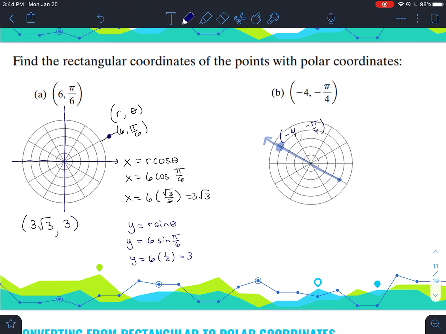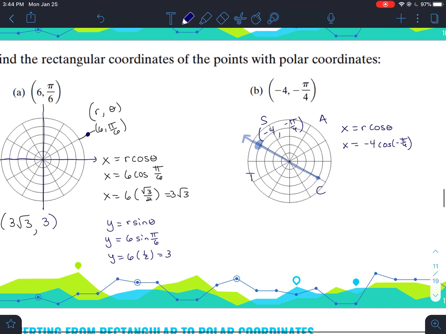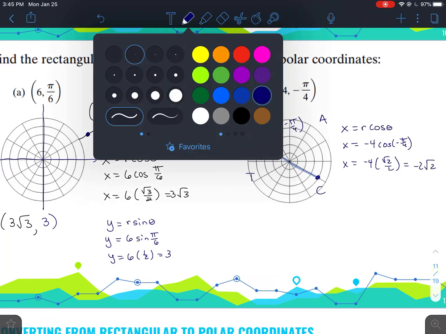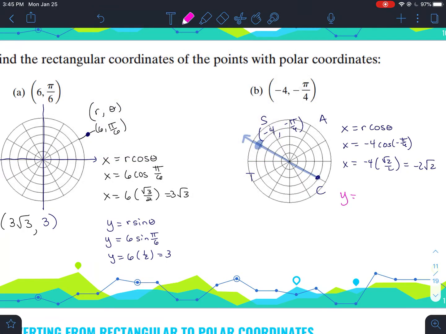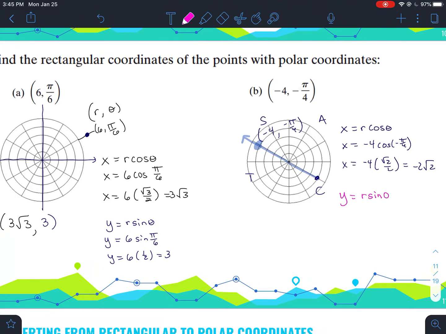To convert that into rectangular coordinates, you would take x equals r times the cosine of theta. So x is going to equal negative 4 times the cosine of negative pi over 4. At negative pi over 4, which is down here, cosine is positive, and cosine is going to be square root 2 over 2. If you simplify that, that would be negative 2 square root 2. And then to find the y coordinate, y is equal to r times the sine of theta.